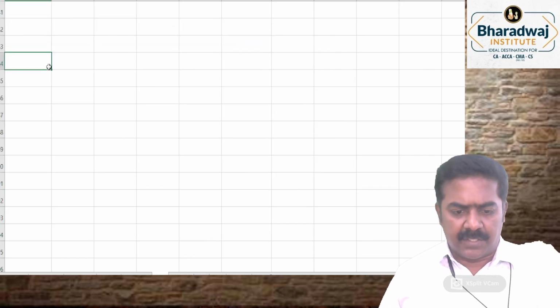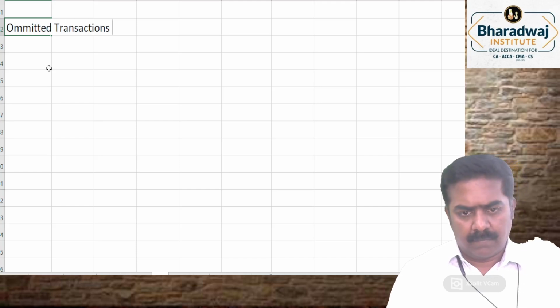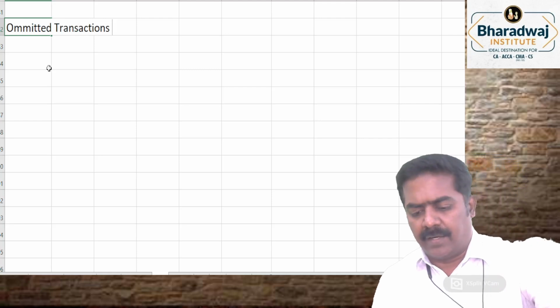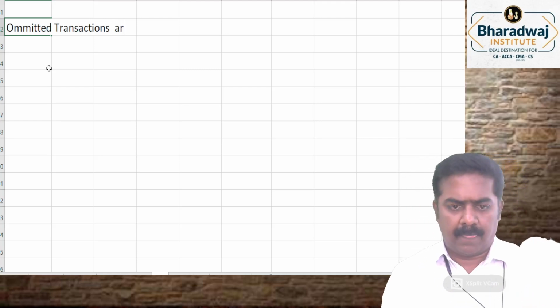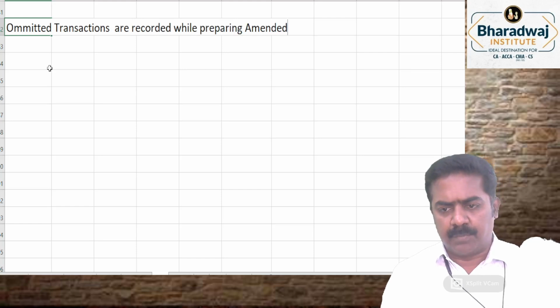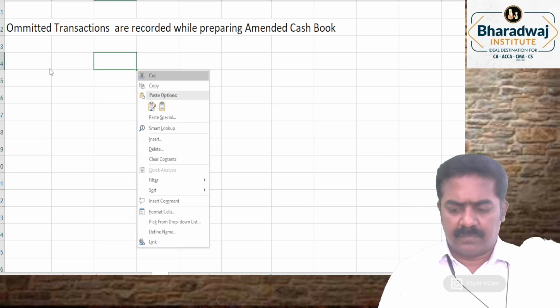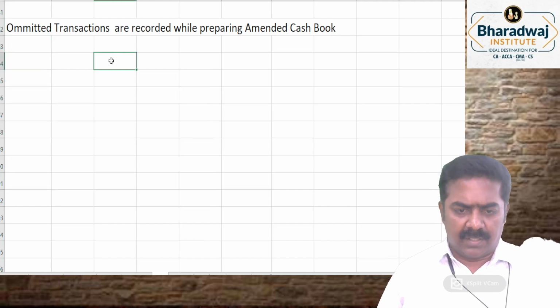Omitted transactions are recorded while preparing the amended cash book. Who's preparing the cash book? Customer.